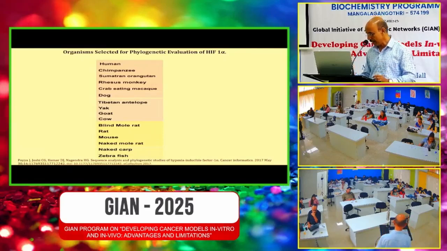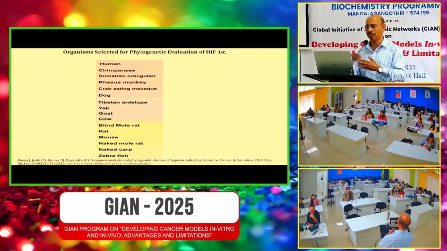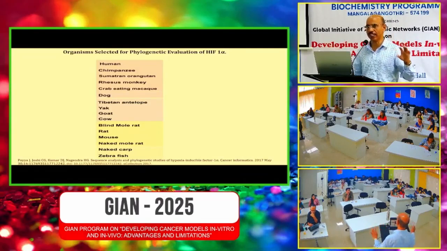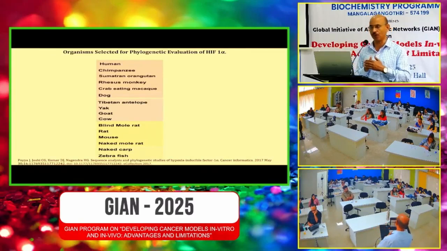Once we studied that, we searched the sequence of the hypoxia factor of these 16 organisms. And because we did not have a lab to carry out in vitro or in vivo studies, we decided it is better to study with the computer itself, whether they have any relations or not.